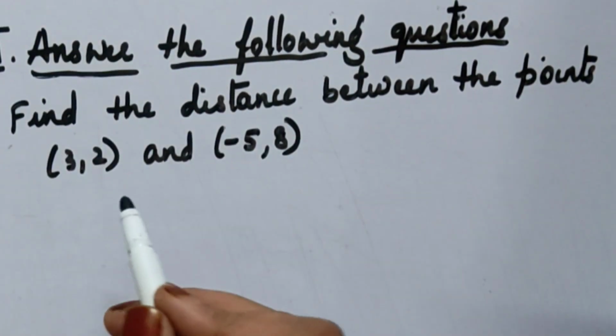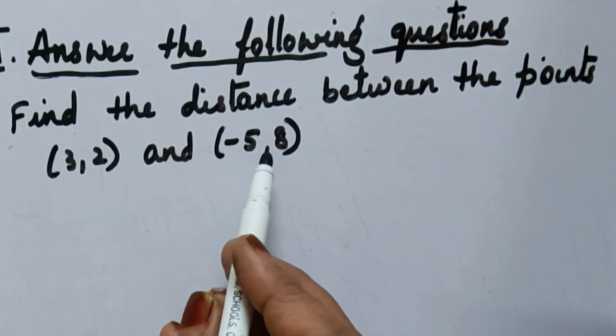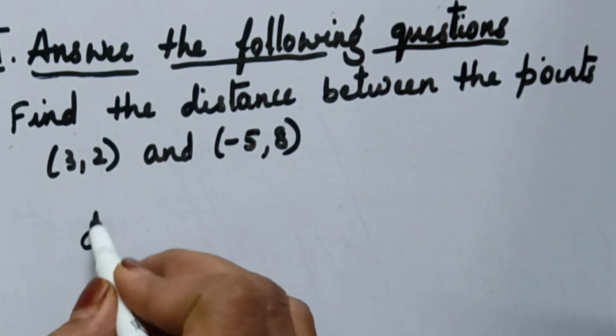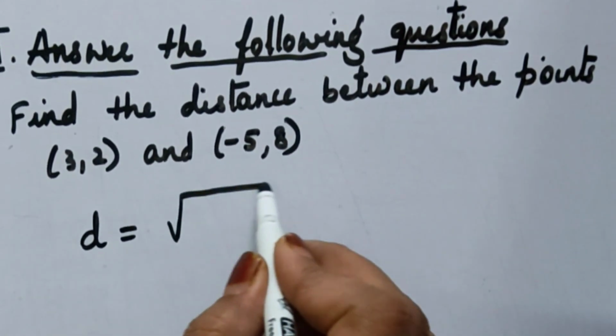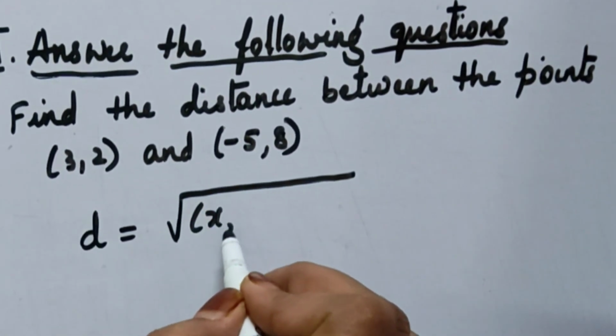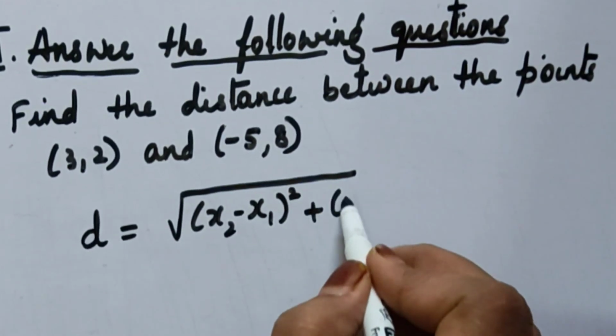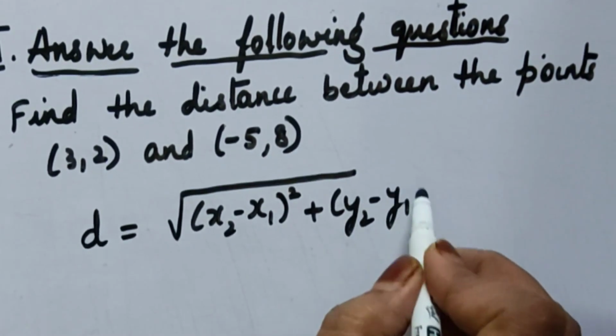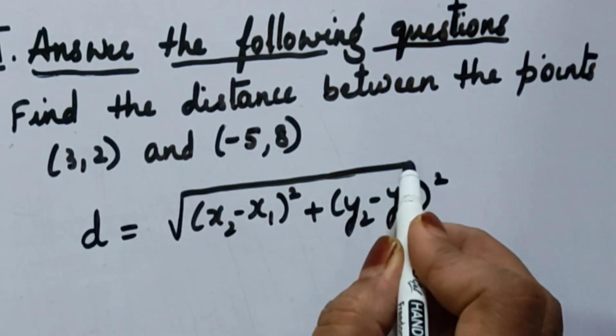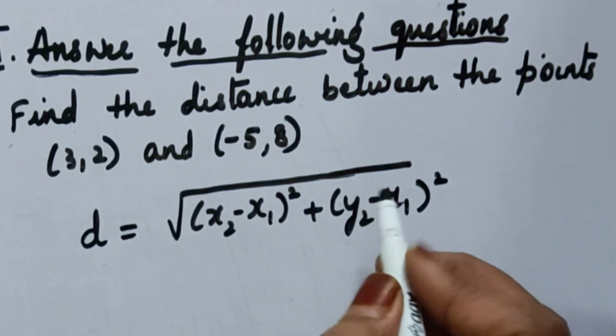Find the distance between the points (3, 2) and (-5, 8). So the distance formula is d equals root of (x2 minus x1) whole square plus (y2 minus y1) whole square. This is the distance formula.